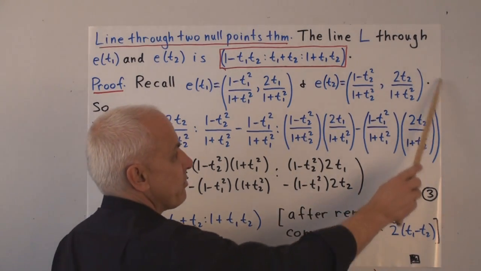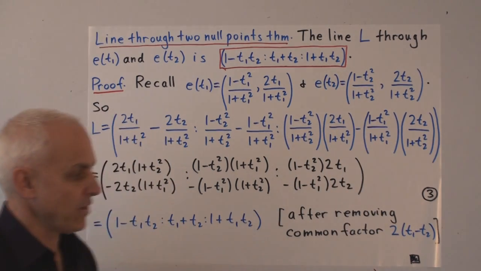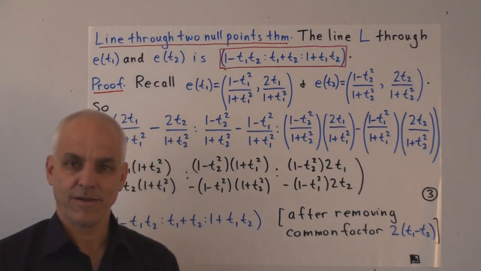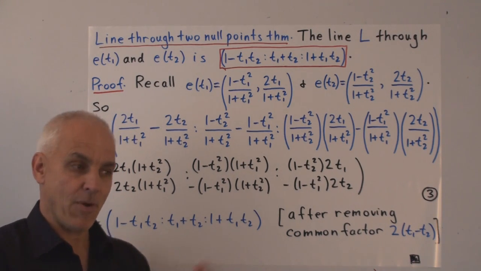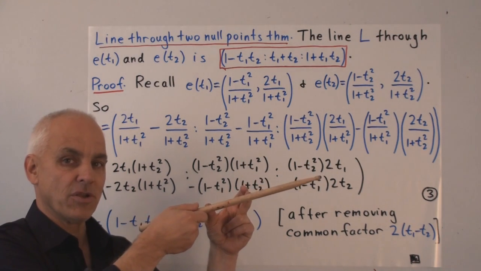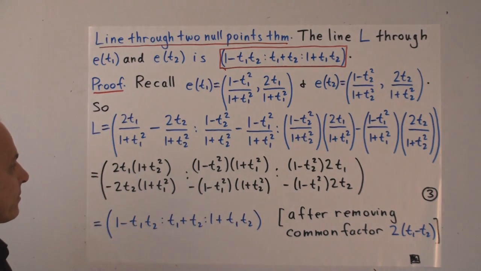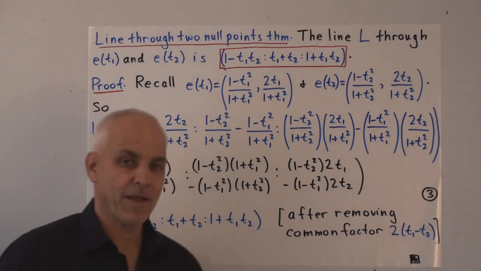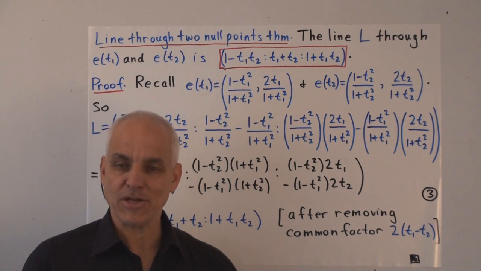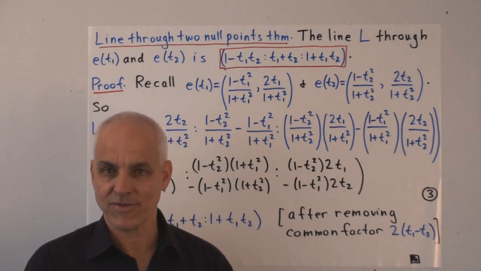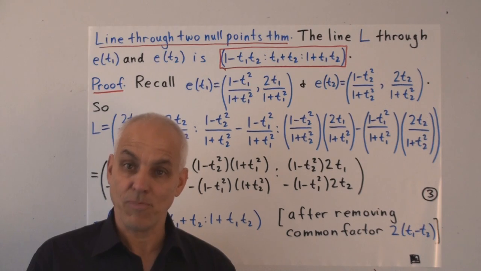And we have a similar expression for e of t2. So we have these 2 points on the null circle, and we now want to say, what's the equation of the line that connects them? Well, we know how to write down the equation of any line joining any 2 points. That's the line through 2 points theorem.